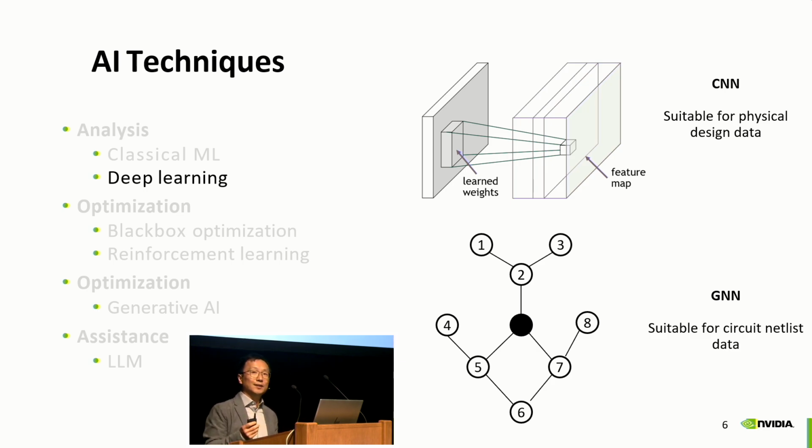Since lots of physical design data have these 2D features, we believe CNN is very suitable for physical design problems. GNN was originally proposed to handle social network graphs. Chip design netlists or circuits have graph structure as well. Therefore, GNN is very suitable for netlist and circuit learning.